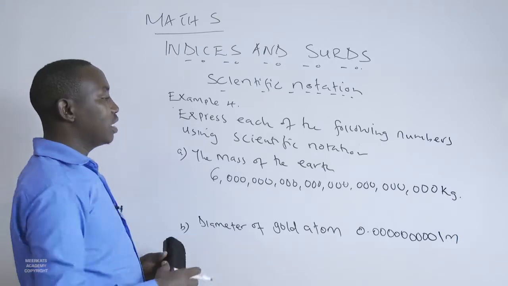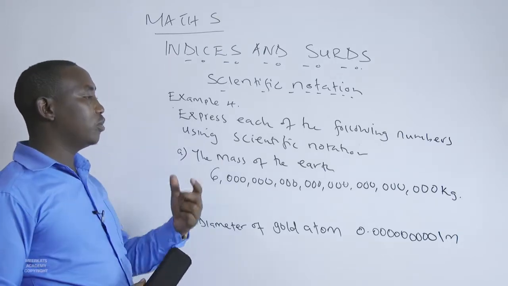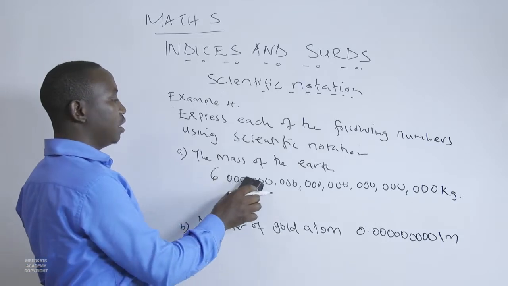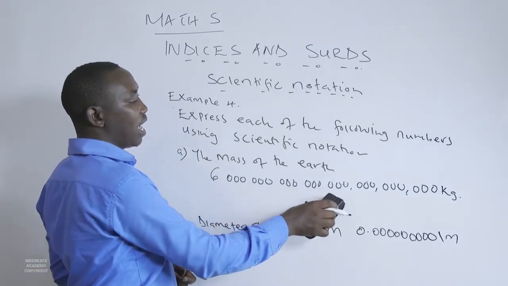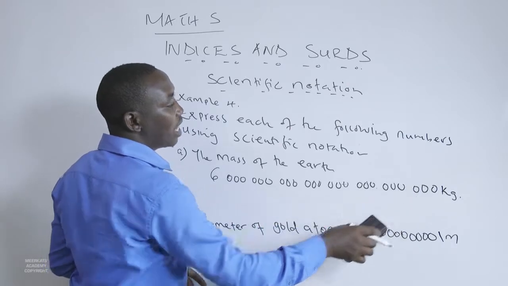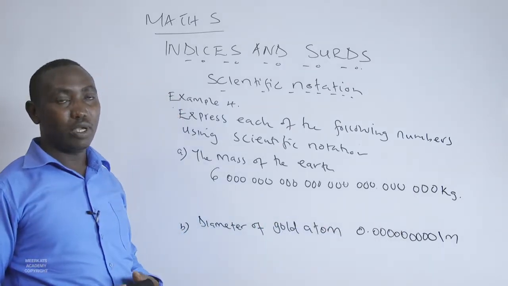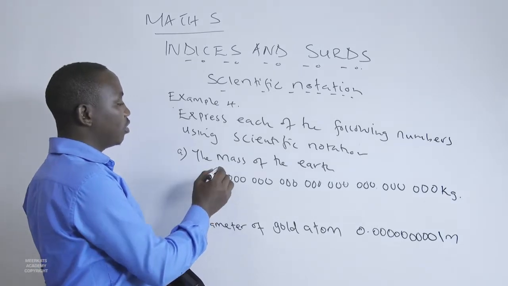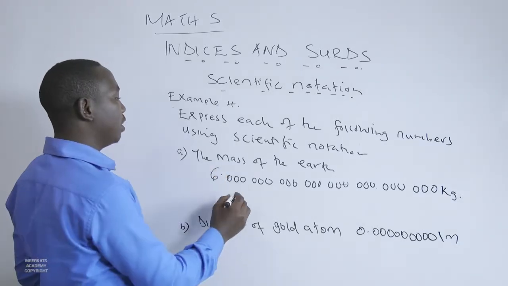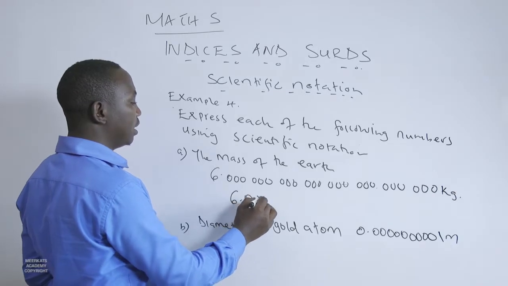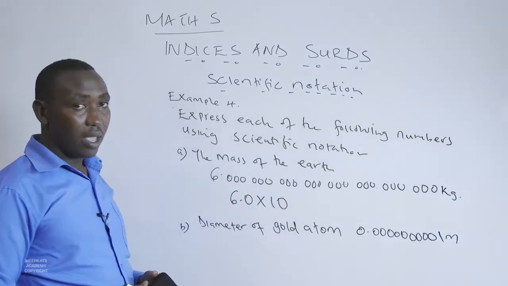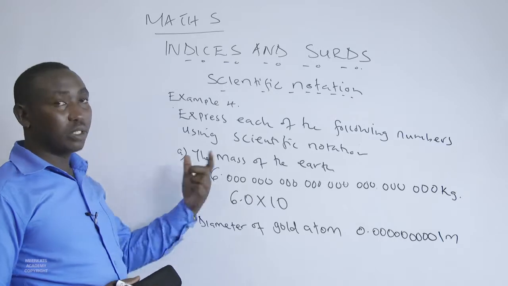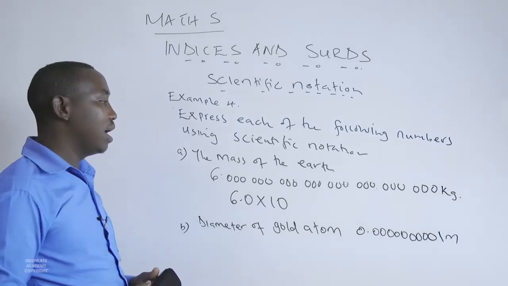Now for the first case, which we have 6 with so many zeros, we need to simply identify where the first non-zero value is. So the first non-zero value is here. That means we're going to place our decimal point there. So this will make it 6.0 times 10, now raised to a positive power because it's a very big number.